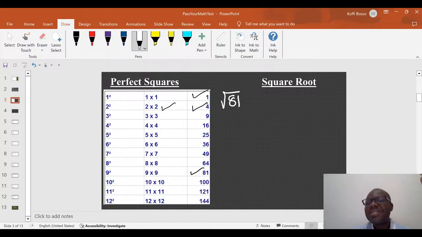That number is 9. So the answer here is 9, a regular number, out of the radical.